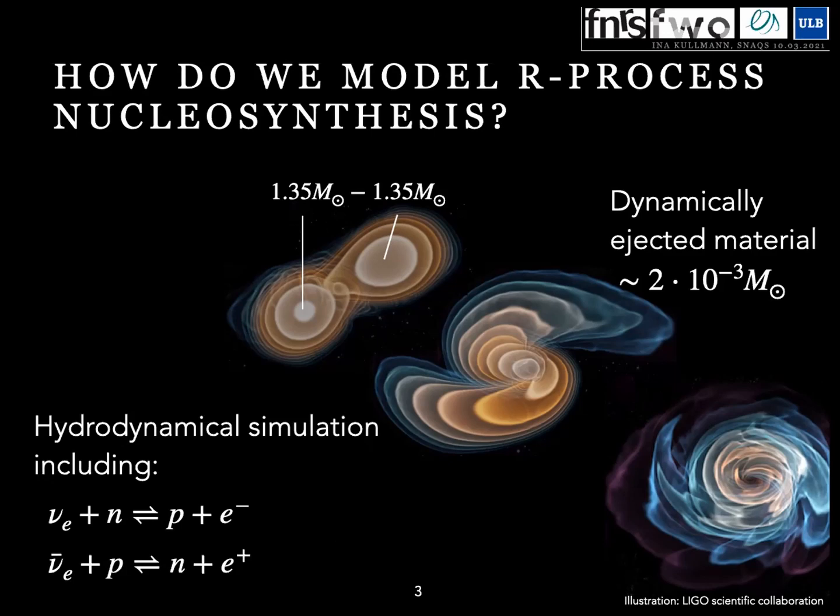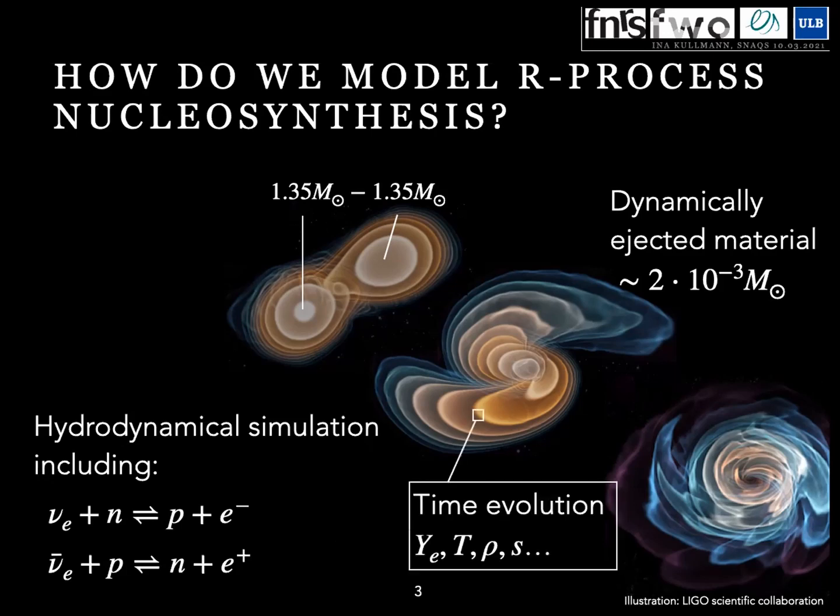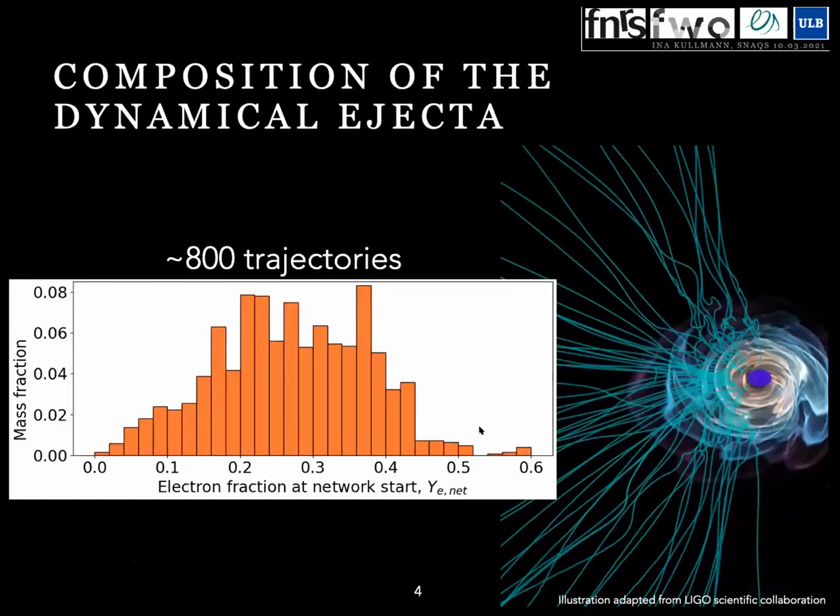So what we do is that we receive the time evolution of small mass particles, or trajectories, as we call them. We have the time evolution of the temperature, the density, the entropy, and also the electron fraction of each of these trajectories. We have about 800 trajectories for the model that I will discuss today.